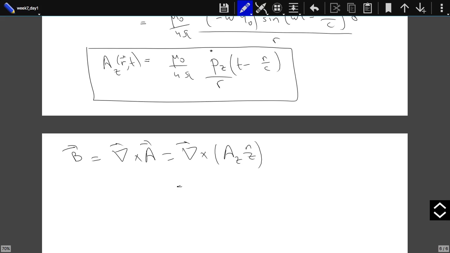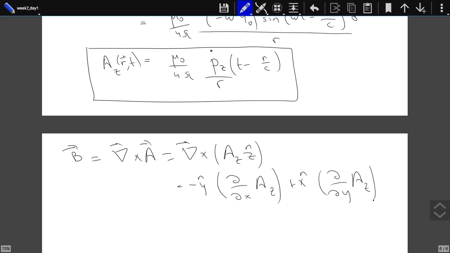This is equal to, well, in the minus y hat direction, del over del x of A z, and in the x direction, del over del y of A z. Do you agree?